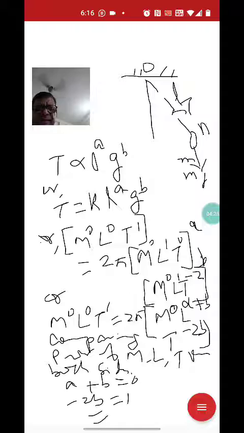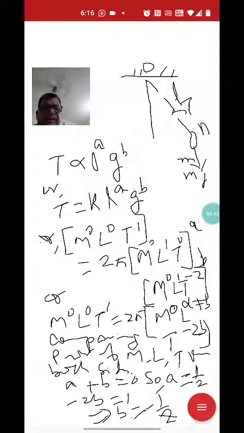This implies that b is equal to minus 1 by 2. So from this we can get a is equal to 1 by 2. So I write here a is equal to 1 by 2, and b is equal to minus 1 by 2.